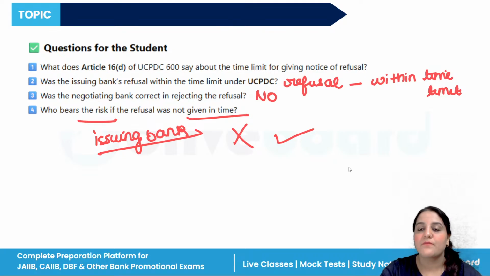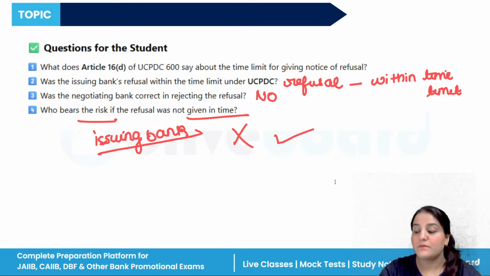So here, always count only banking days. Public holidays, Saturdays, Sundays, don't count if the bank is closed. The issuing bank here has to act promptly once the 5 days are over.